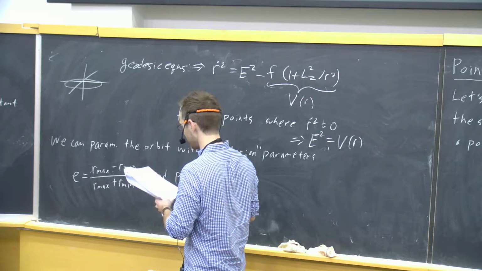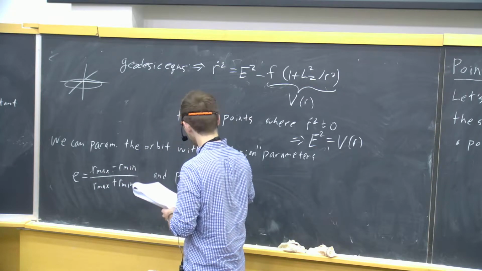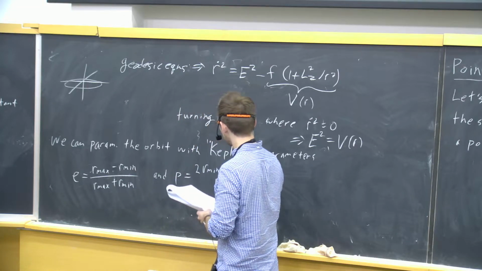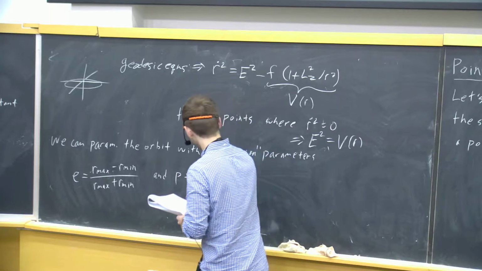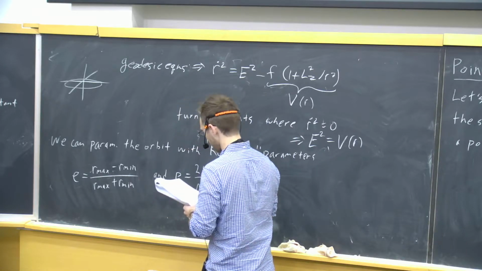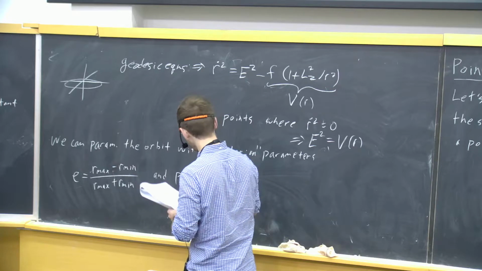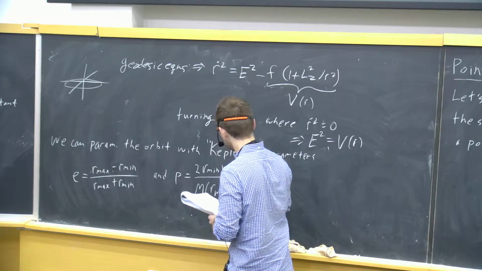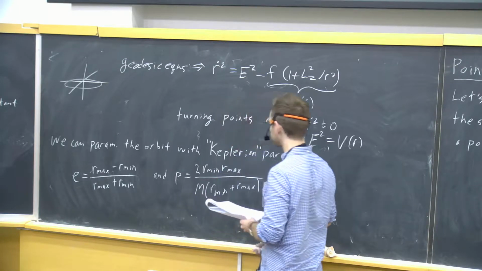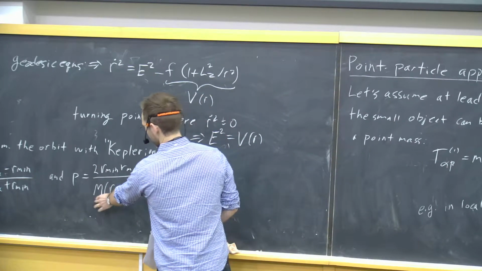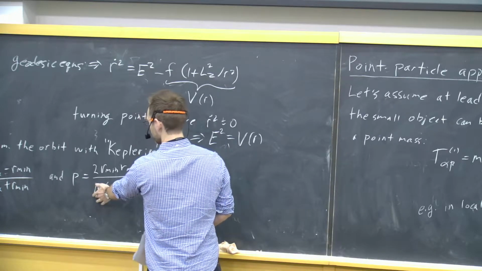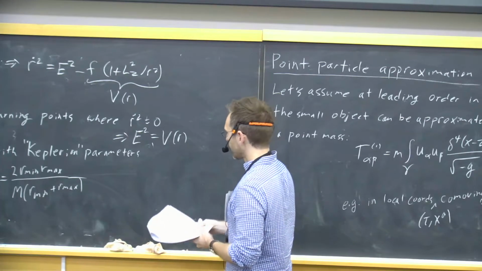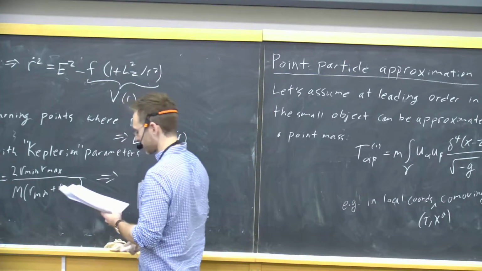And something called the semilatus rectum, which is 2 times r min times r max over the mass of the big black hole times r min plus r max in the denominator. So this capital M, the mass of the big black hole, is just put in there to make this dimensionless.